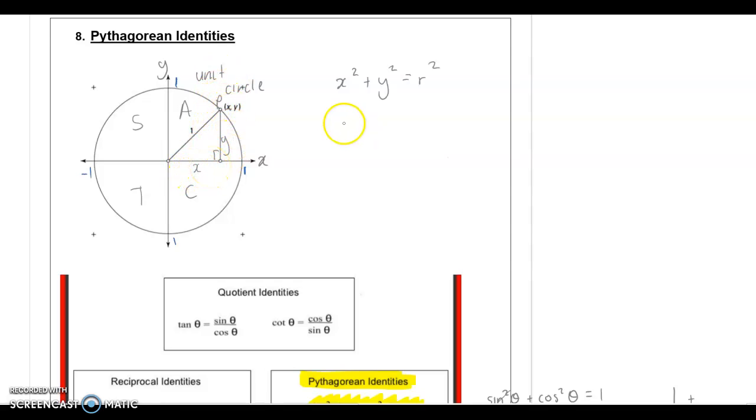We have a radius of 1, so we'd change our circle to x squared plus y squared equals 1 squared, or 1, and it's Pythagoras' theorem as well. So the x-coordinate squared plus the y-coordinate squared is equal to the radius squared, which is 1. So all our formulas here are based around that, and we can rewrite that one as sine squared plus cos squared equals 1, but we'll have a look at that further down a little bit.